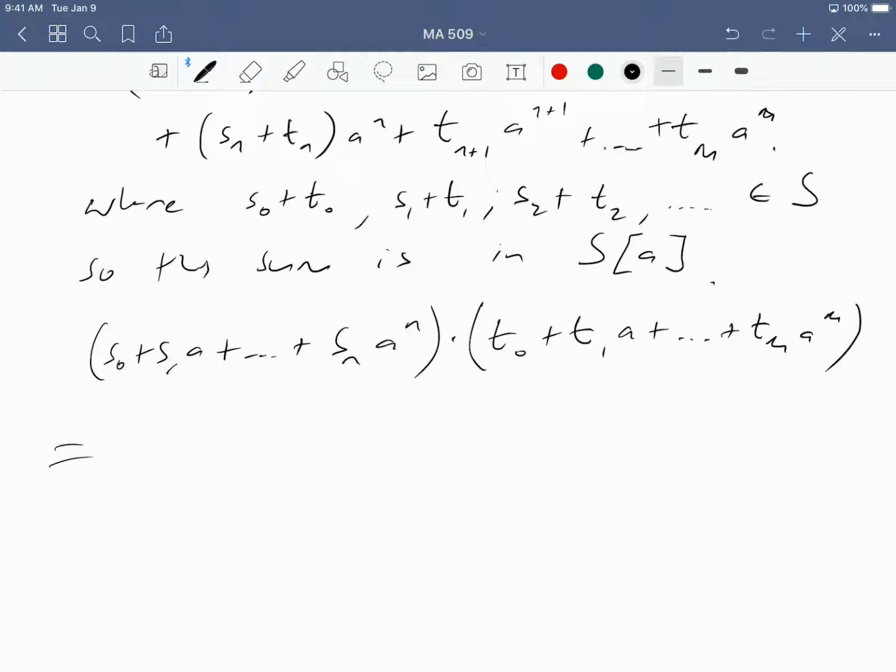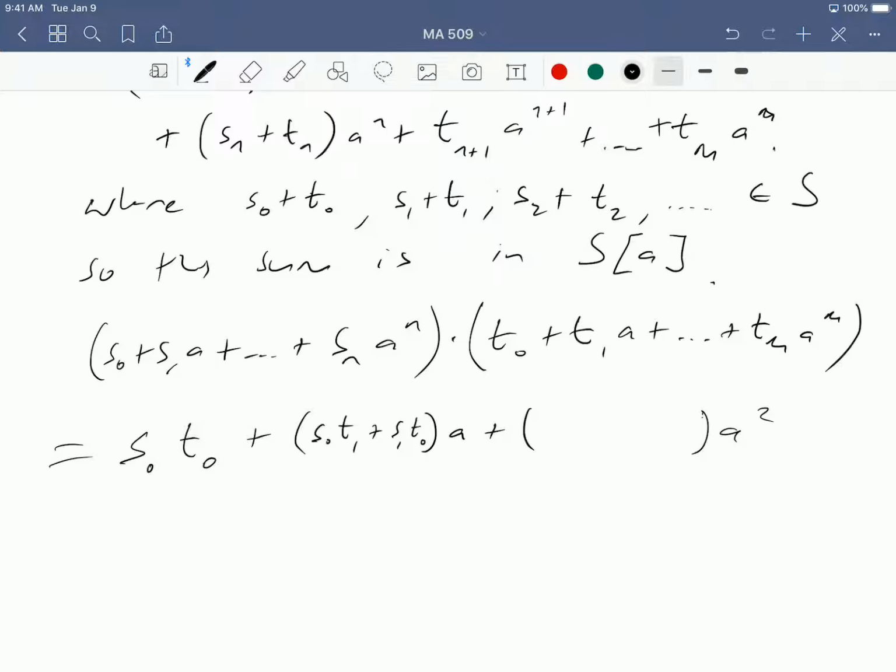So as we do this, it's going to get a little bit messy, but we can do term by term. So if I look at the constant terms, the ones with a to the 0, I'm going to get an S0 T0. Where do I get an a to the first power? I'm going to get that from S0 T1 and from S1 T0. If I can do this without even writing it down, I can think through where I would get a squareds from.